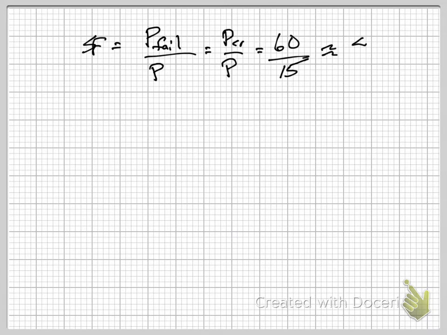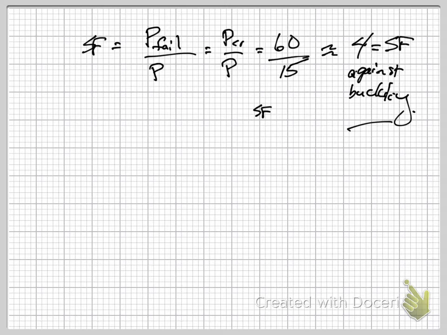So it's about a safety factor of 4 against buckling. That's a pretty decent safety factor, so I'm not concerned about it. In fact, if I did all the numbers exactly, I get a safety factor of 4.03.